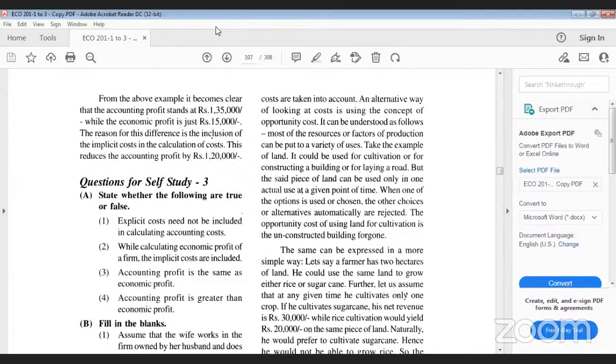Further, let us assume that at any given time he cultivates only one crop. If he cultivates sugarcane, his net revenue is rupees 30,000, while rice cultivation would yield rupees 20,000 on the same piece of land. Naturally, he will prefer to cultivate sugarcane, hence he will not be able to grow rice.